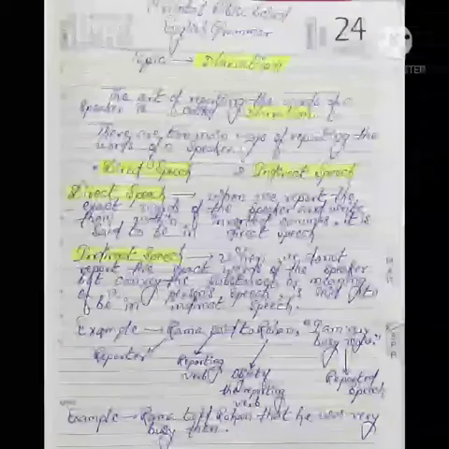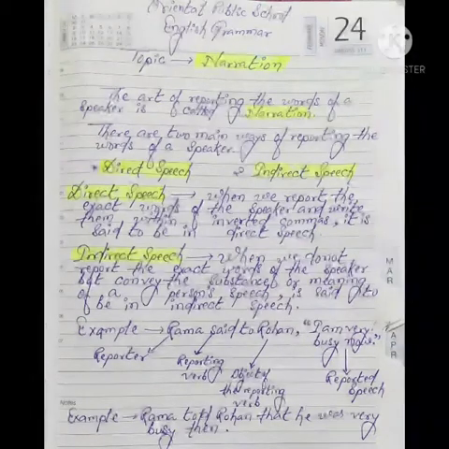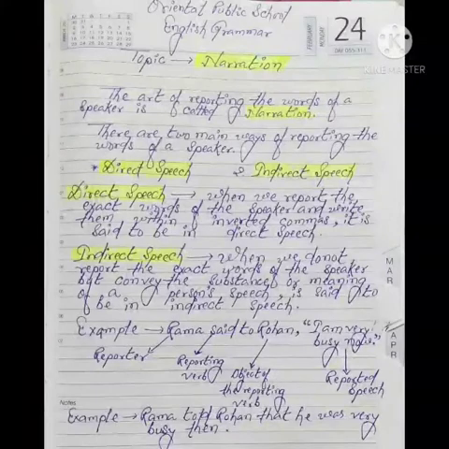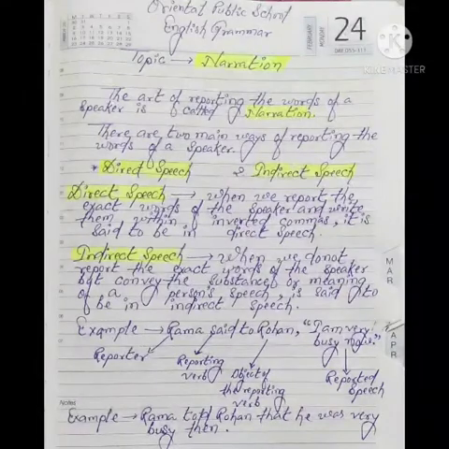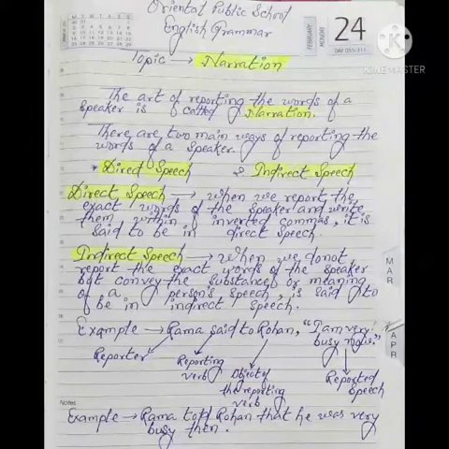Direct speech: when we report the exact words of the speaker and write them within inverted commas, it is said to be in direct speech. Indirect speech: when we don't report the exact words of the speaker but convey the substance or meaning of a person's speech, it is said to be in indirect speech.